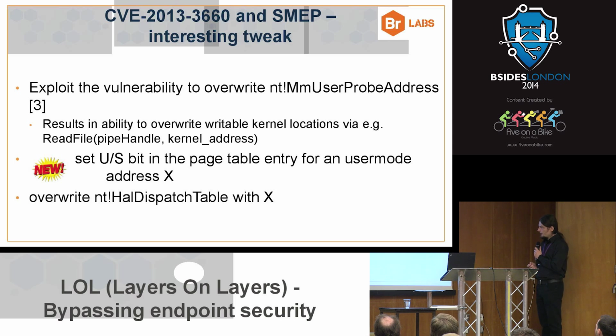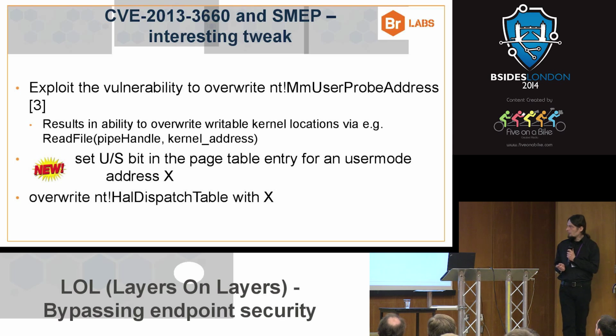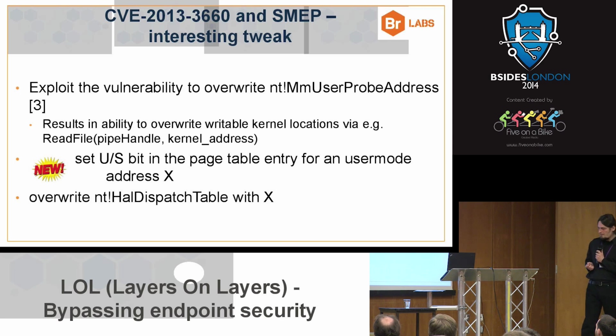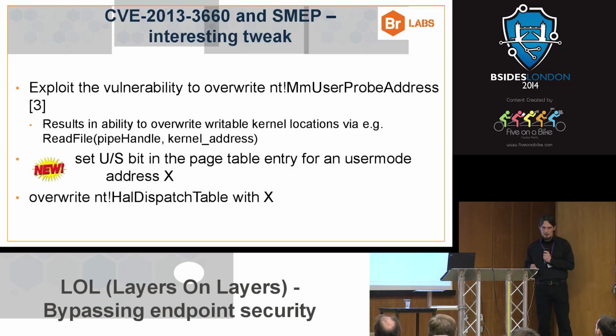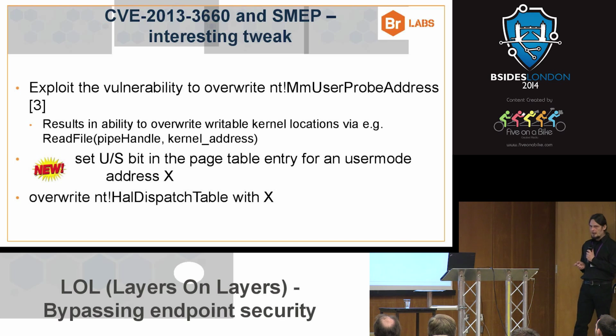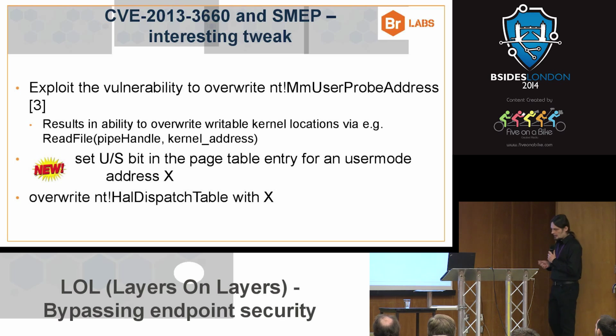This approach is well known; it was published in 2011. But the new thing, particularly for SMEP, is that you can use this ability to mess with page tables. You can set the user mode bit in the page table for some page X, which initially was user mode, but now you set this bit and the kernel thinks it's kernel mode.